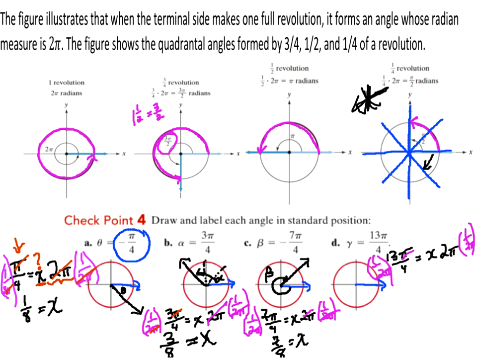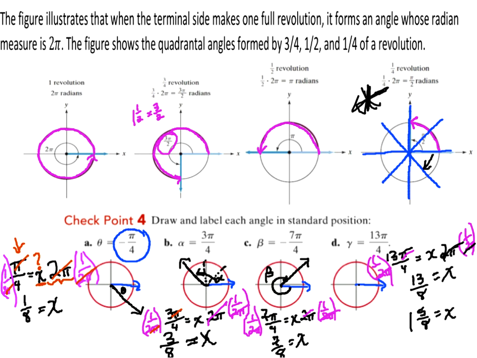And so I get that x equals 13/8. It might be easiest to think of that as a mixed number. That translates to 1 5/8, and I'm going in the positive direction.